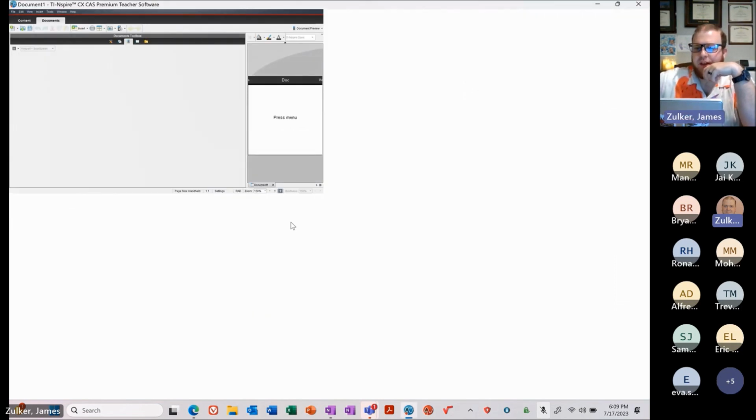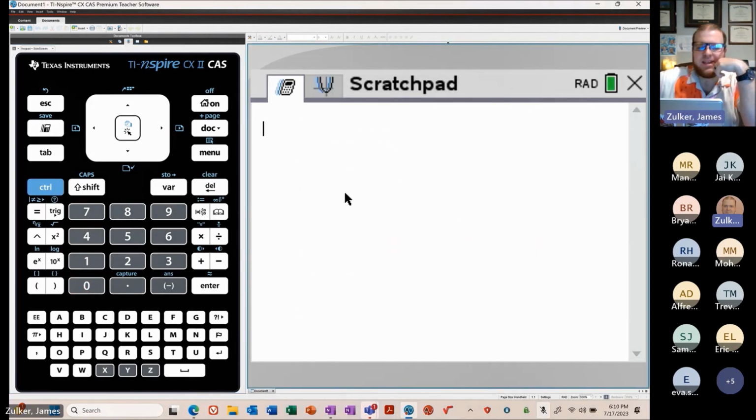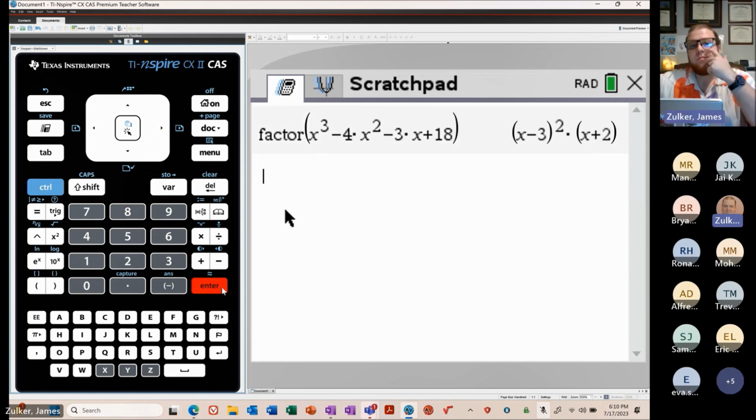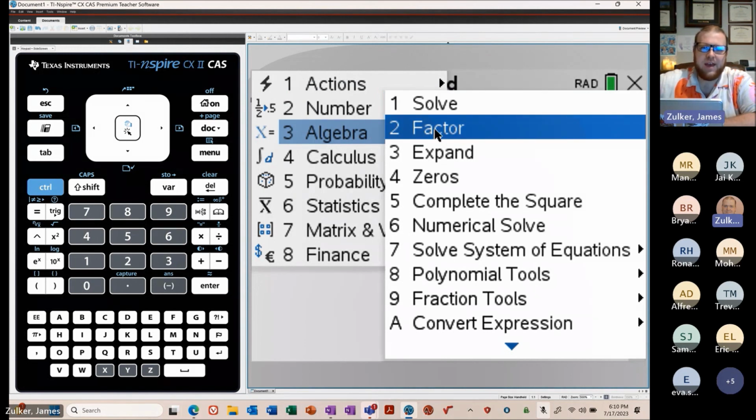And it'll make sense why I'm factoring the denominator shortly. On the TI-Nspire, there are 2 ways to do it. You can just write out factor and then your expression. Or if you don't want to worry about typing on the keyboard, just go menu, algebra, and then you'll see factor.